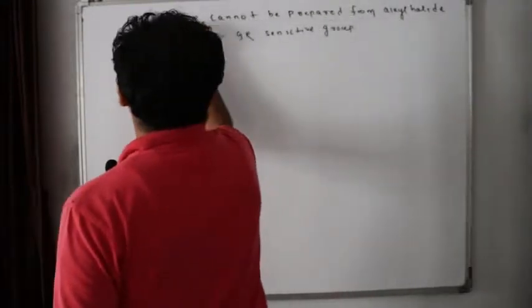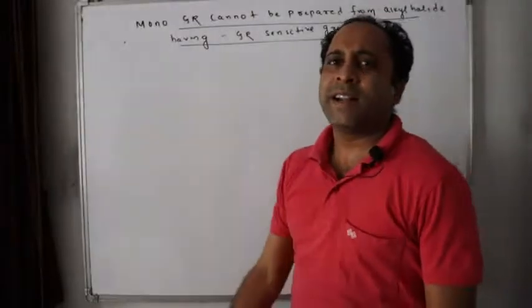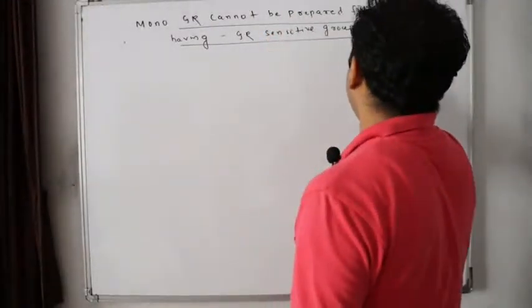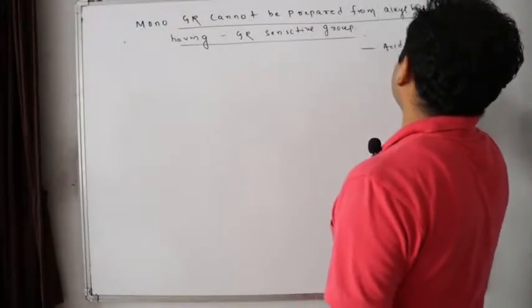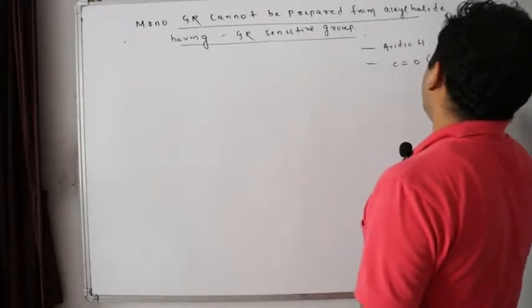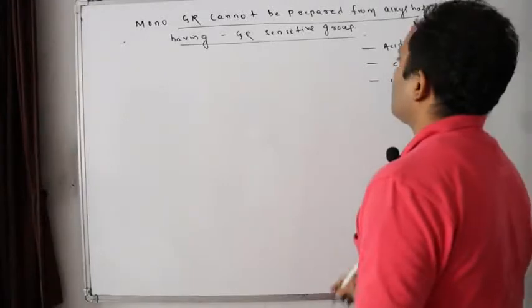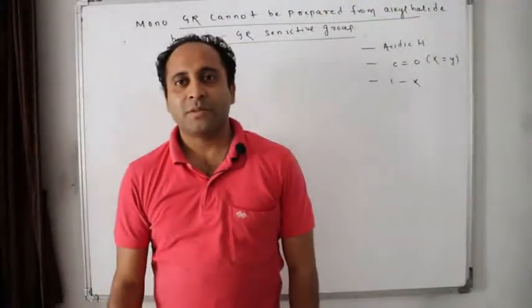Now, I have discussed so many things that you know which are the Grignard reagent sensitive groups: groups having acidic hydrogen, groups having C=O, or I can say X=Y groups, or groups having halogens. These are acid sensitive, these are Grignard sensitive.